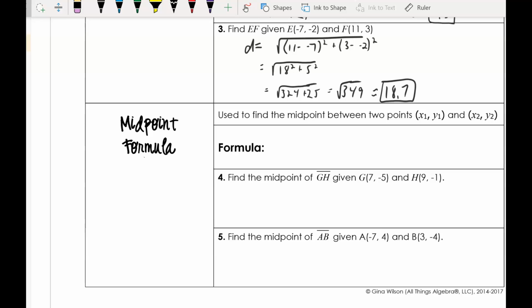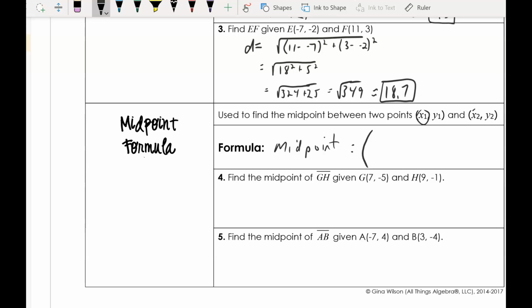All right, next is the midpoint formula. The midpoint formula uses the same x1, y1, x2, y2, and the midpoint is equal to an ordered pair. Now this is two formulas in one because you have to have something for the x, which is basically going to be the average of the two x coordinates.